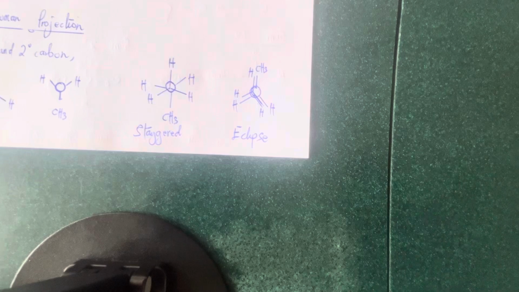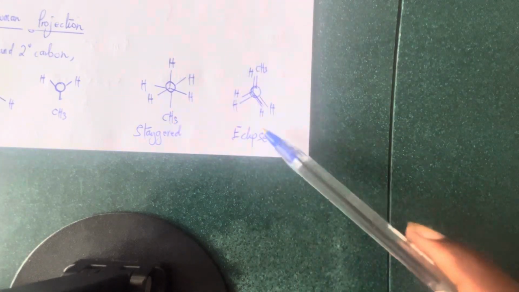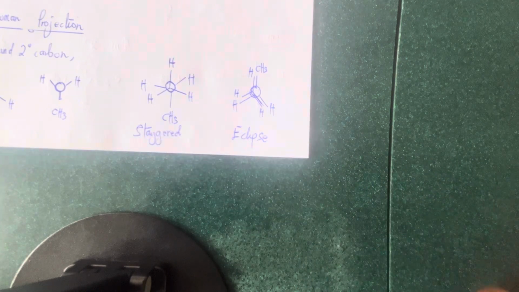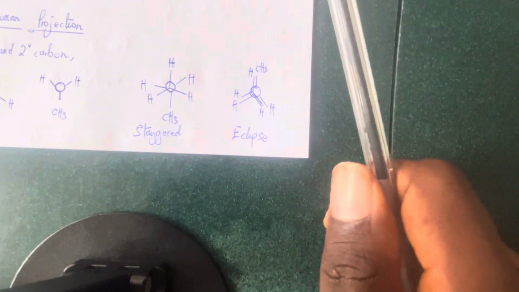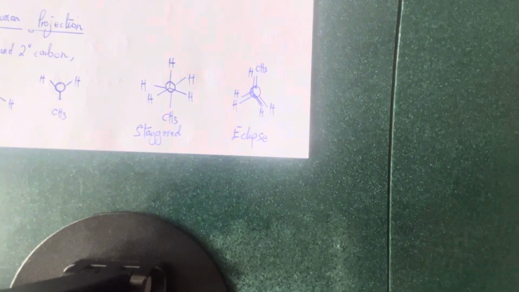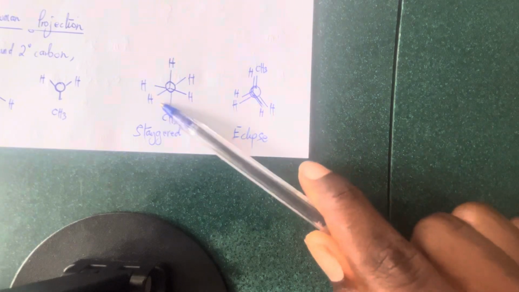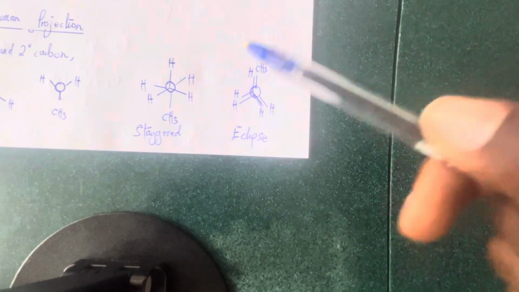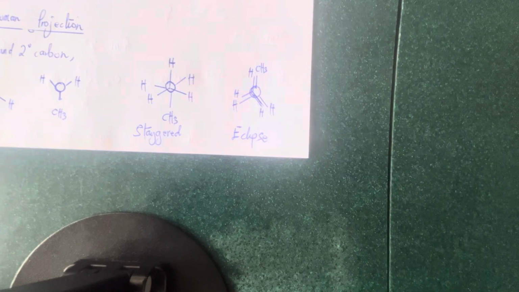For that matter, when they give you a qualitative question like staggered conformation versus eclipse conformation, which one is more stable? It is the staggered conformation. Why? This is because the atoms are not close to each other. When I'm talking about torsion strain, it's all about repulsion. So there will be less repulsion as compared to the eclipse conformation, where the atoms are directly overlapping with the others.